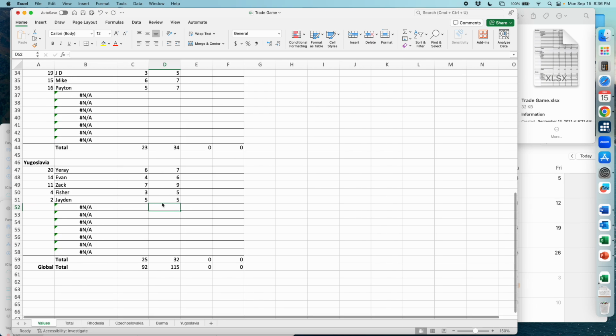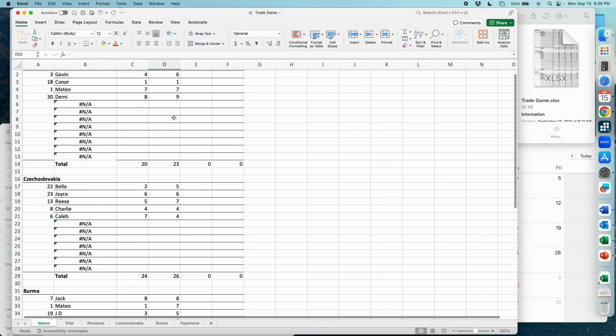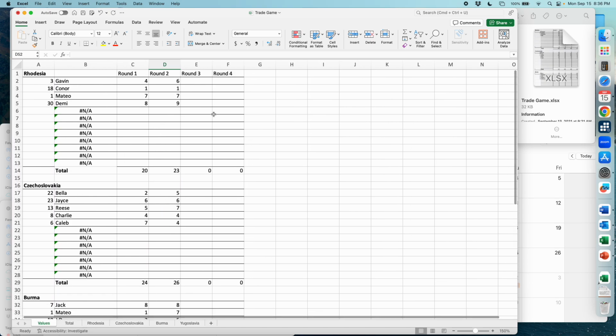Okay. All right. So now we go to round 3. So round 3, what I do is I say, all right, fine, we're going to allow some international trade. But it's going to be restricted still. So people in Rhodesia, the first country, can trade and exchange with people in Czechoslovakia. I'm breaking that border wall down. But they can't trade with anyone in Burma or Yugoslavia, right?